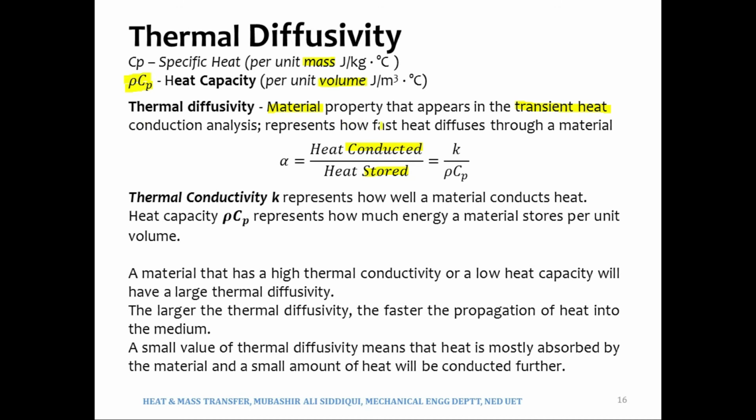It represents how fast the heat diffuses through a material. It tells us how fast the heat diffuses through a material, and it is a property that will be used in transient heat transfer analysis. And it is in fact a ratio of the amount of heat conducted to the amount of heat stored. The amount of heat conducted means k and the heat stored is rho Cp.